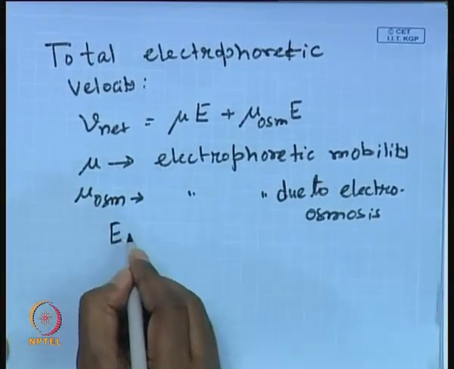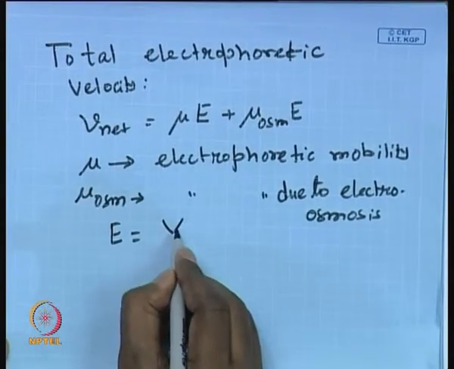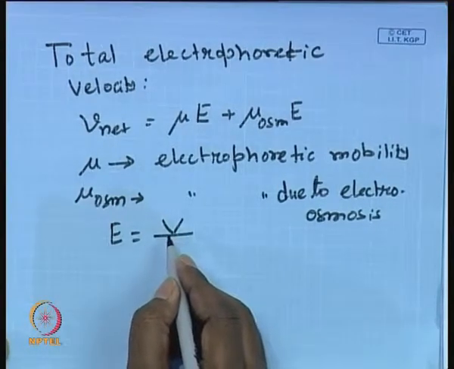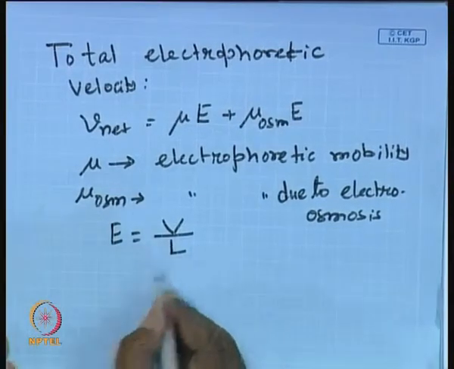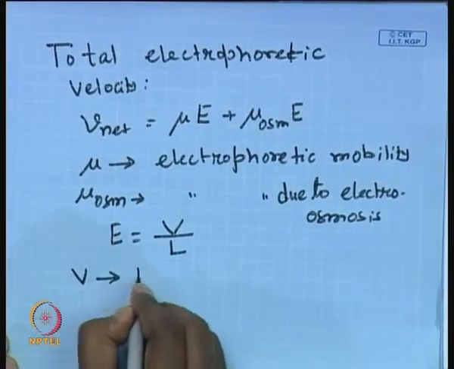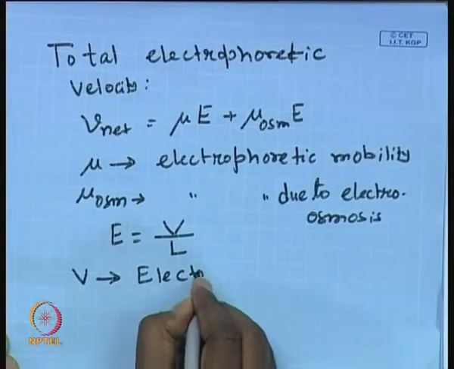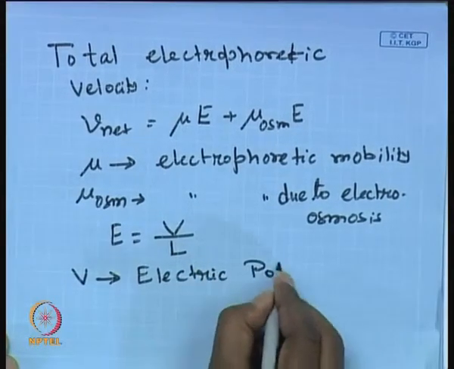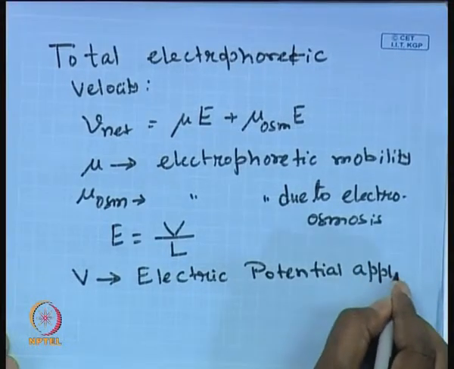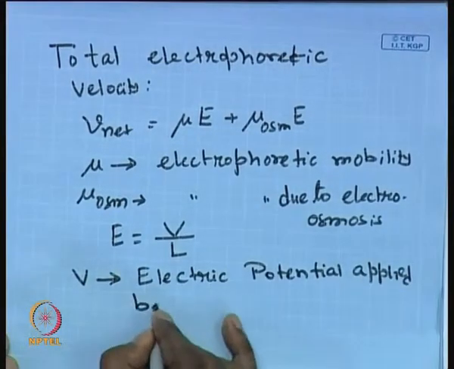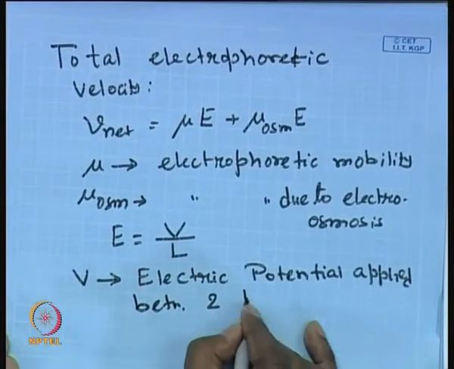And what is E? E is the field strength. This is the potential difference applied between the 2 points divided by L, where L is the length of the setup. V is the electric potential applied between 2 points.